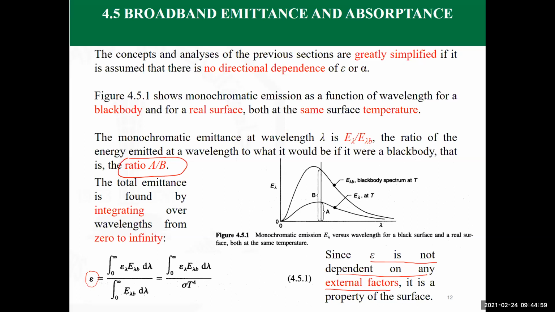So I don't need to know if this energy is coming from the sun or from whatever source, because it's not like absorptivity. For absorptivity, I should know what is the source emitting the radiation, so my surface is going to absorb how much of this. But here, it's only a function of the surface temperature.